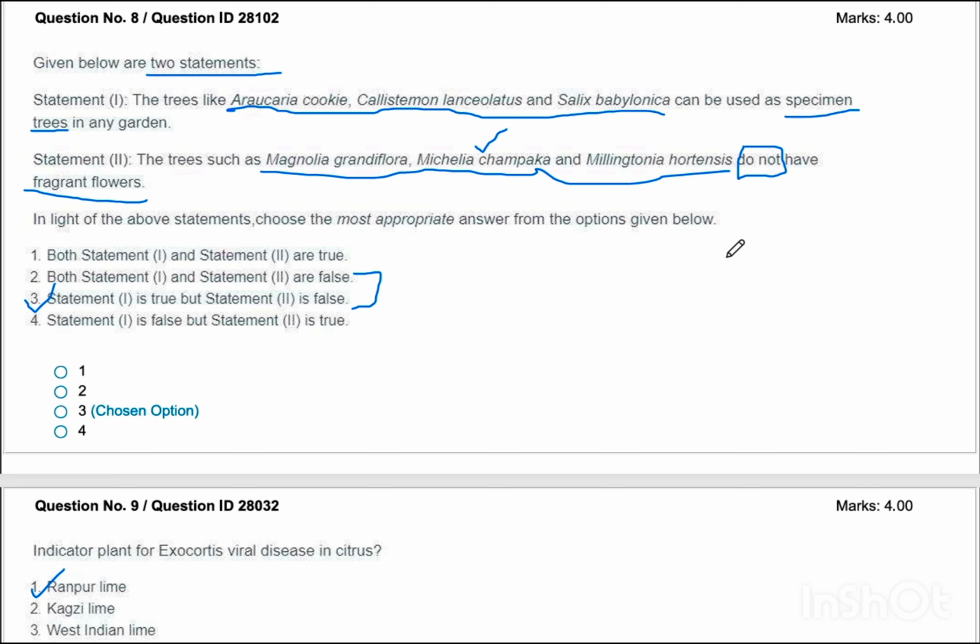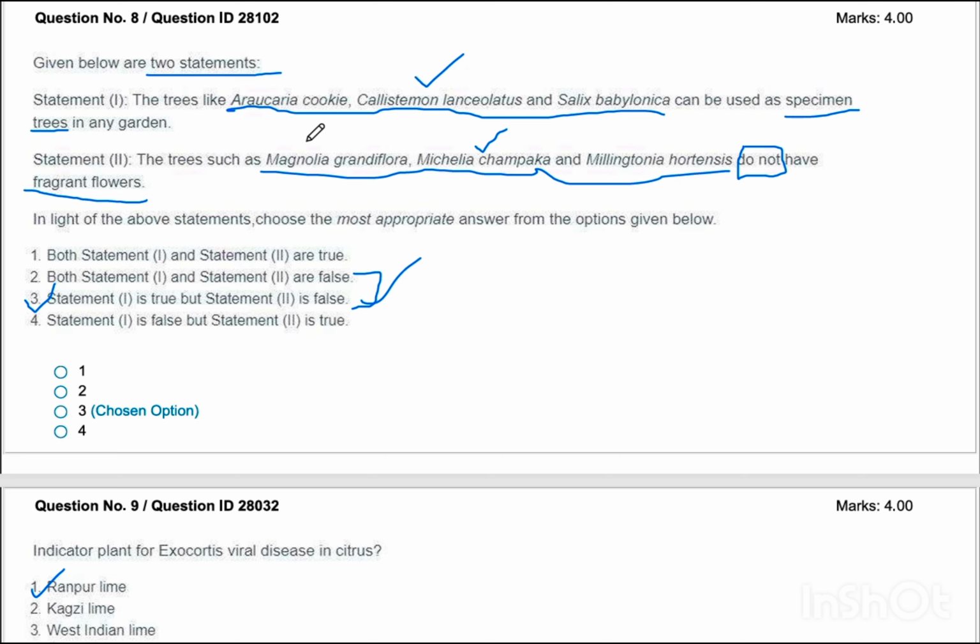I would see the pictures of each crop and try to register it in my mind, because in our previous year question papers we often get questions about the flower colors and growing habitat or growth pattern, etc. So from that I was damn sure that Callistemon lanceolatus can be used as a specimen tree in gardens, and I've seen it in pictures of certain gardens also. Hence, I came to a conclusion that statement 1 is true, but statement 2 is false.